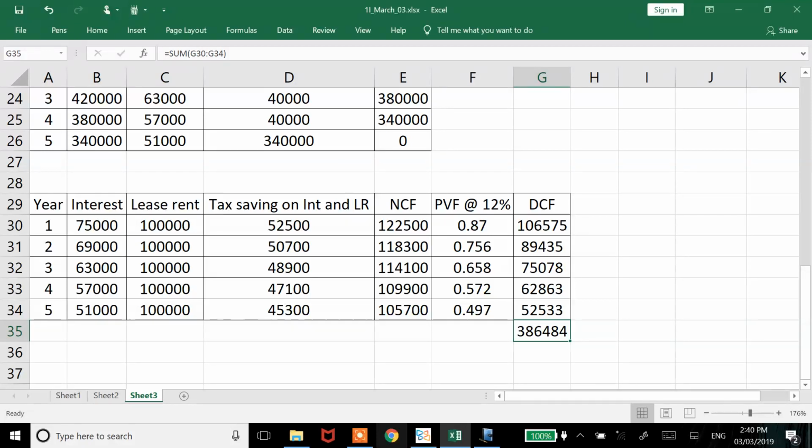So all of that is a pain in this company for the leasing option. Any doubts on this?